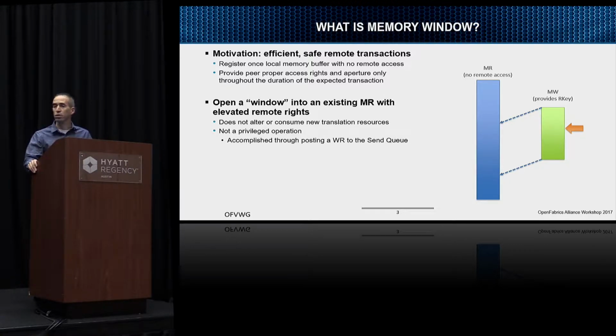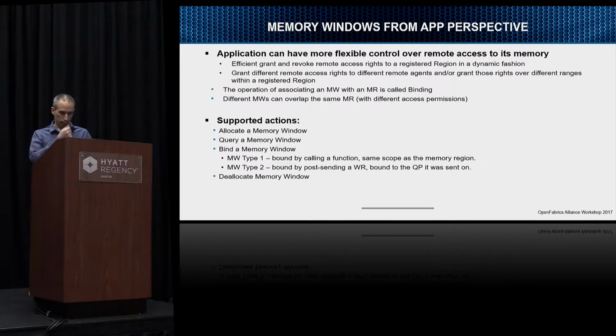And it's not a privileged operation. It's fast, it's efficient. You do it by posting a work request, essentially. With memory windows, applications can have a much more flexible control on their memory. It can grant and revoke remote memory access.